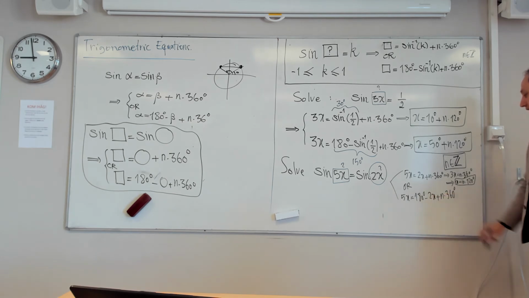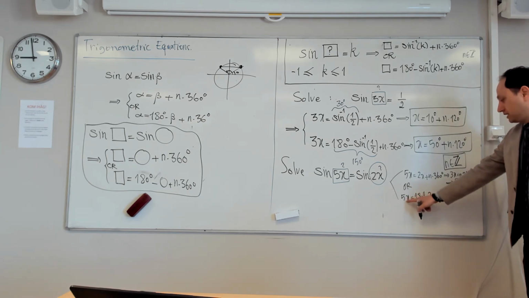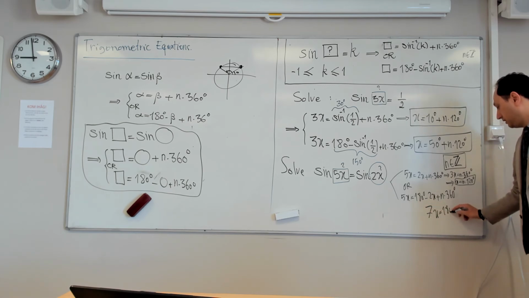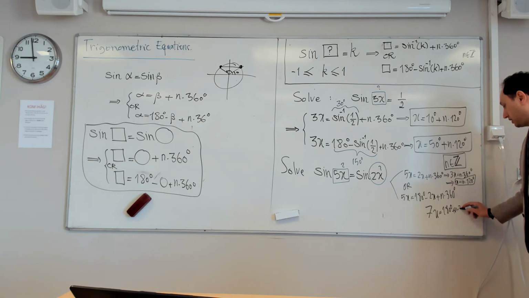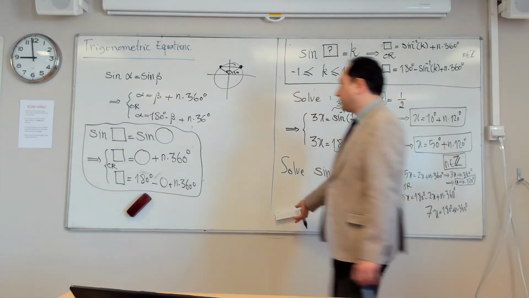And then the same story here. But this time I need to move 2x to the right, it becomes positive, and this 5x becomes 7x equals 180 plus n times 360 degrees. But I want to make x alone, so I have to divide by 7.